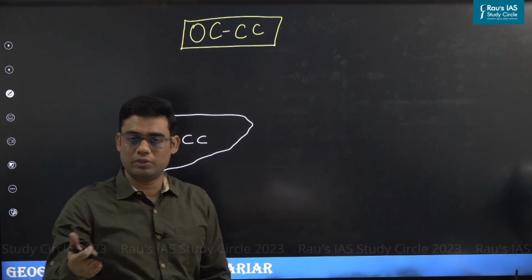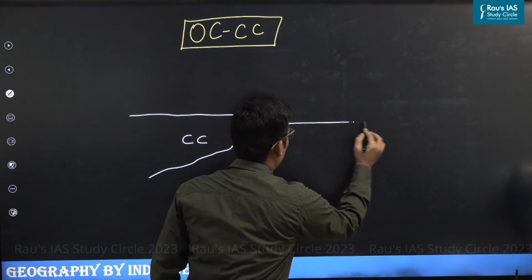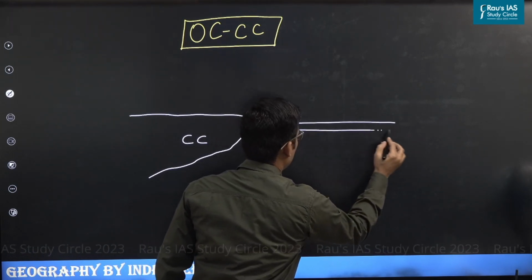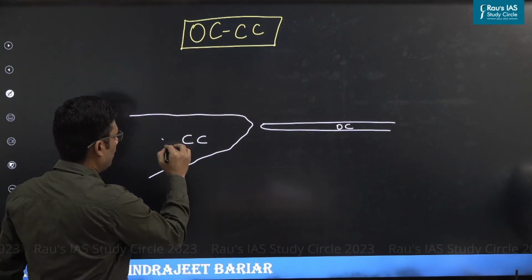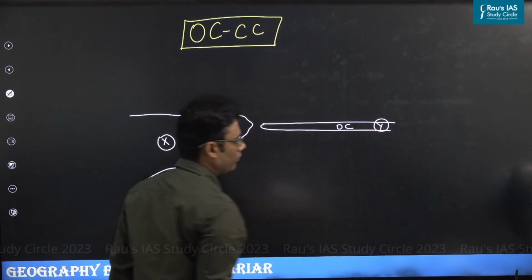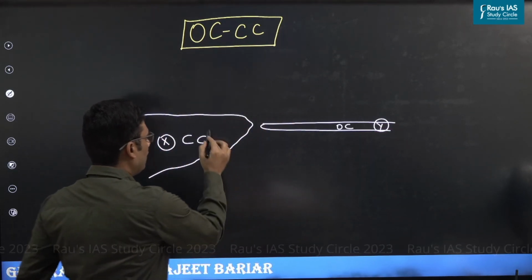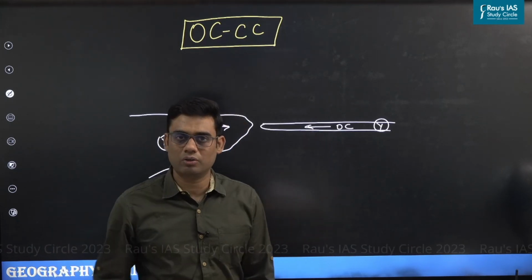Continental crust is always thicker, oceanic crust is thin. So we will show it like continental crust, oceanic crust. Again, X and Y.